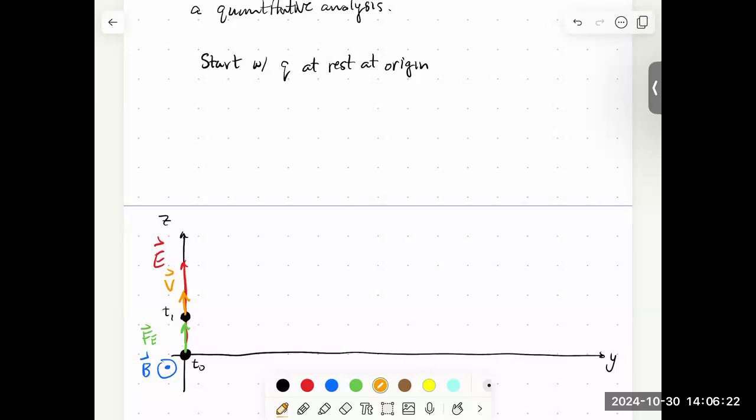Positive Y. Yeah, okay, so it's going to be V cross B. So B is this direction. And so my thumb points to the right. So what we're going to have is the electric force that never changes. And now we're going to have a magnetic force that is something like this. I'll draw the magnetic force small just because right now we're imagining our charge is moving slowly because it's just started from rest. And so the net force is something like this.